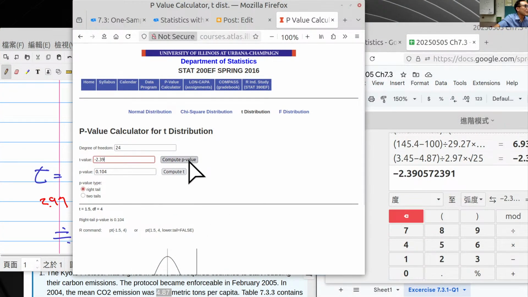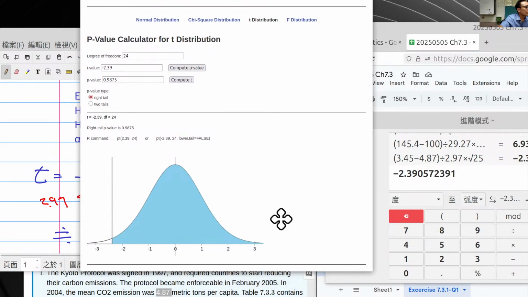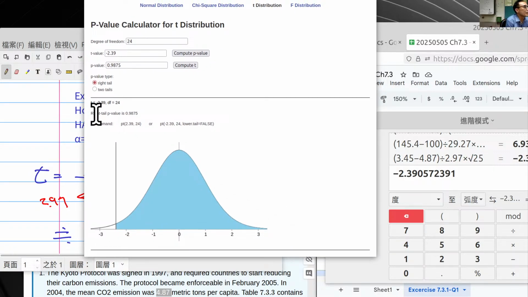And calculate the p-value. At t equals minus 2.39 with degree of freedom 24, the p-value is 0.9875, and the p-value is not less than 0.01. Thus, there is no significant evidence to say the carbon emission in the year 2010 is less than in the year 2004.